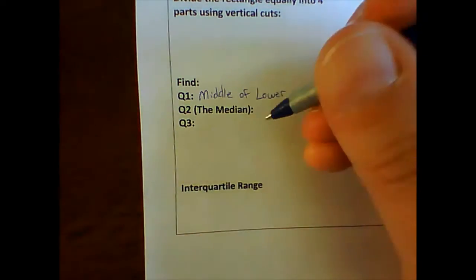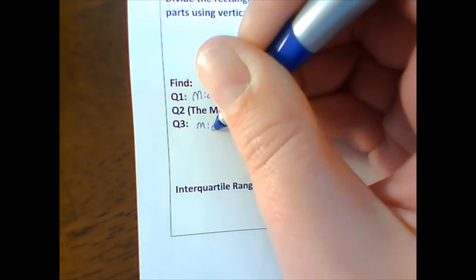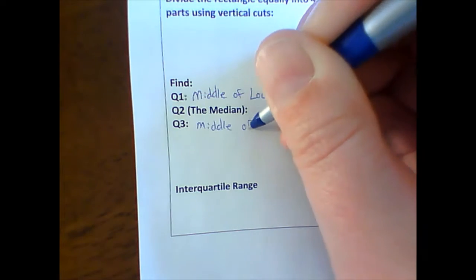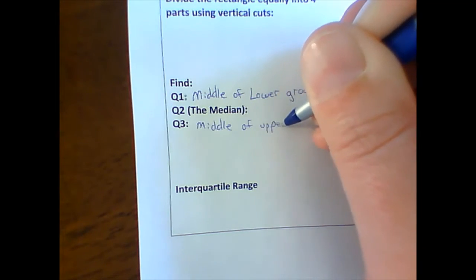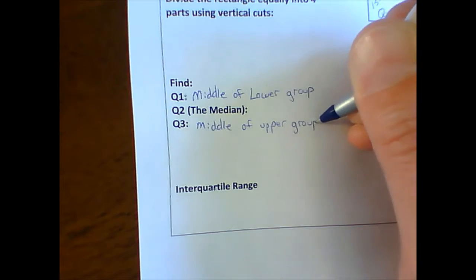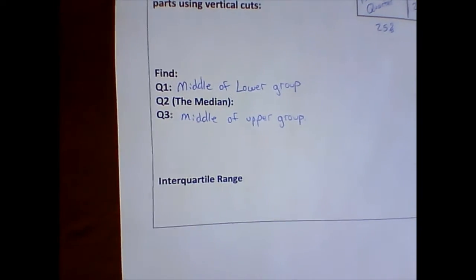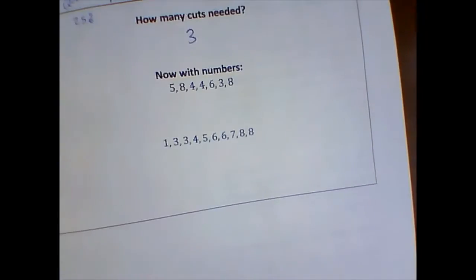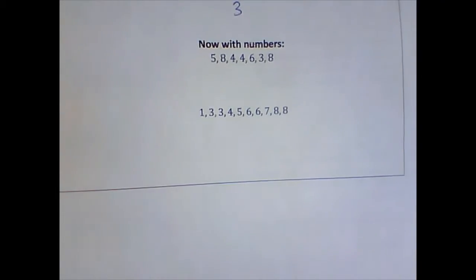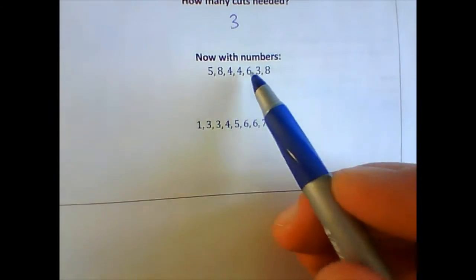Q3 is like the divider, or the median, or the middle of the upper data set, or the upper group. So think of the rectangle as we're doing this with the numbers.